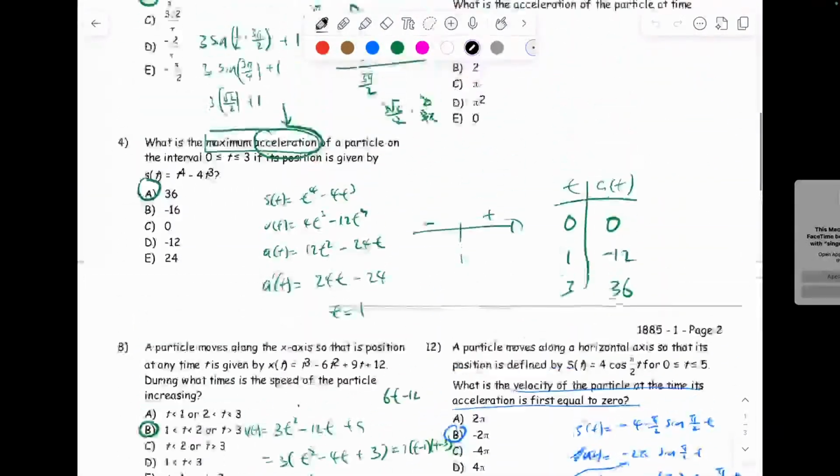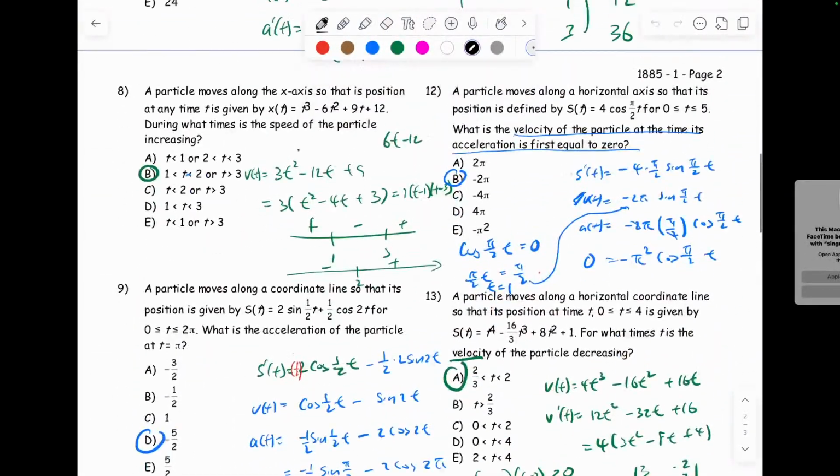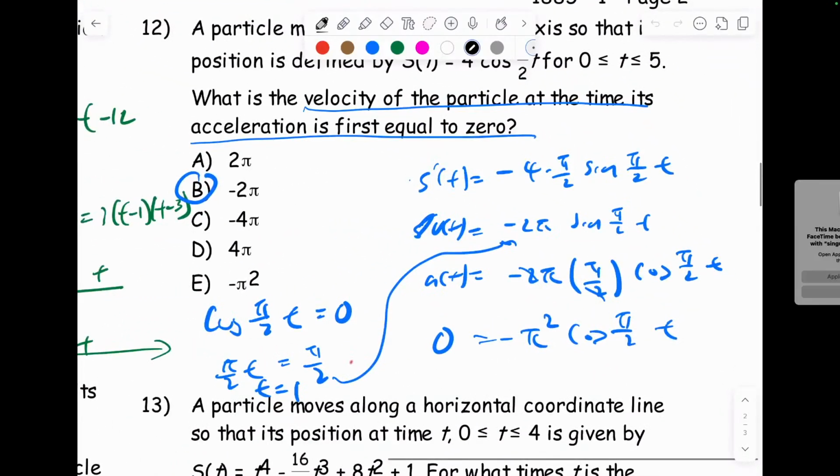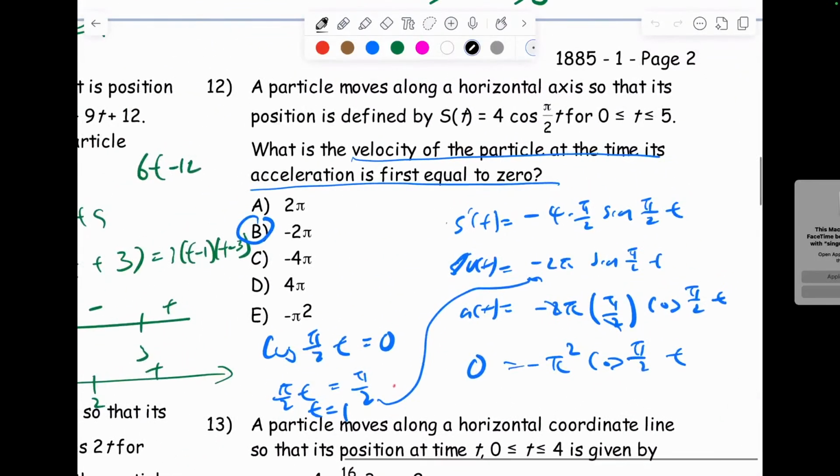Yes, 12. 12 is lovely. Sure, I would do 12. For question 12, you had to take a second derivative, because they give you a position function. When you take a derivative, I will assume, Damien, you probably have a hard time with the chain rule.